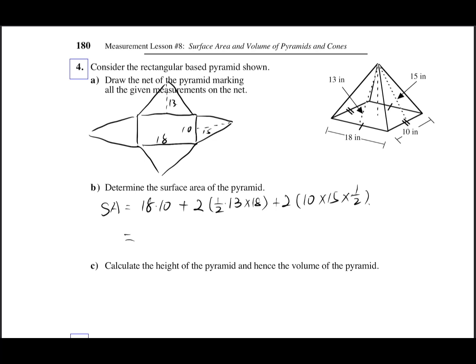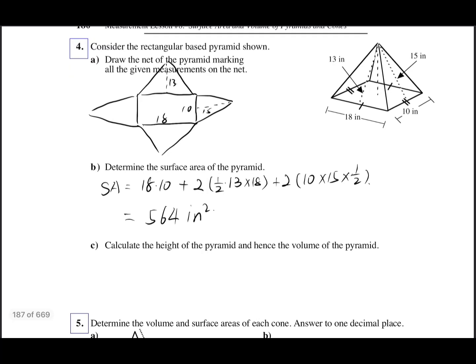Okay, so the final answer is. And now we calculate the height of the pyramid and then find the volume. We can find the height this way, using 13.5, or we can use 9.15 and find the height, both okay. I can use this way.